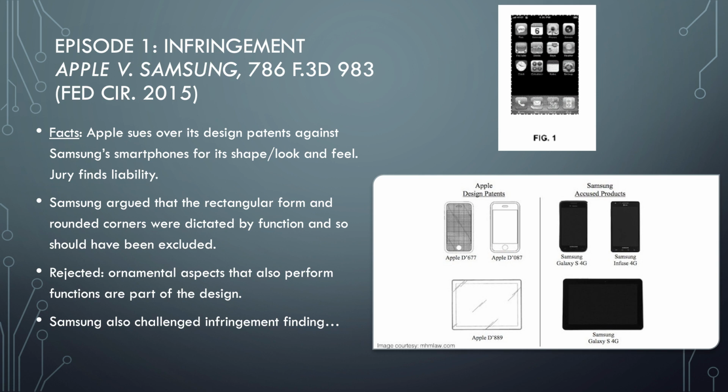And you see there are pictures of the Apple design patent on the look and feel of the iPhone, and we've got Samsung's accused products, the verbiage in patent law being the alleged infringing products. Those are the Samsung Galaxy phones and whatnot that were accused of infringing this Apple design patent on the look and feel, the shape, so to speak, of Apple's smartphone.